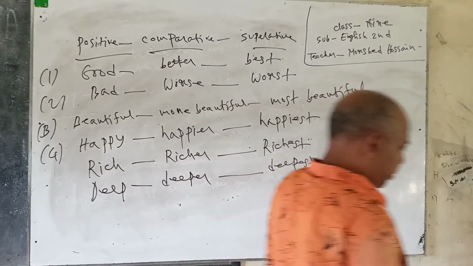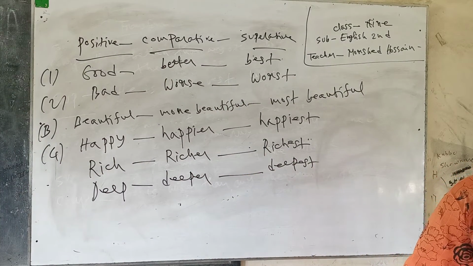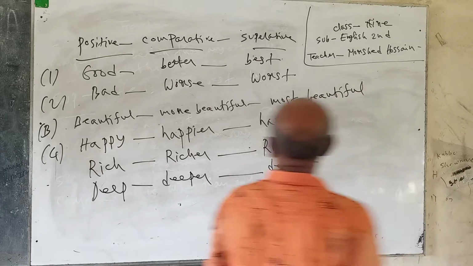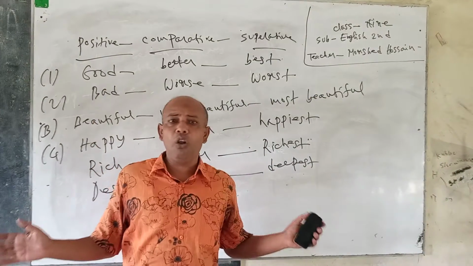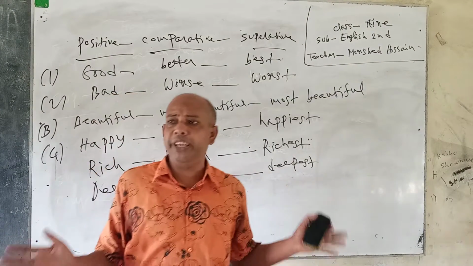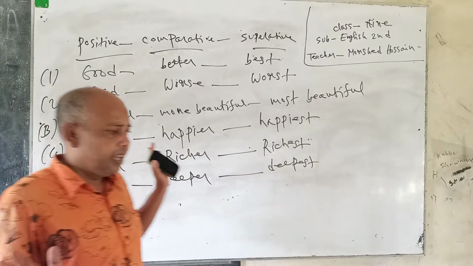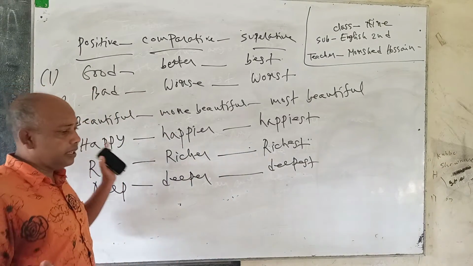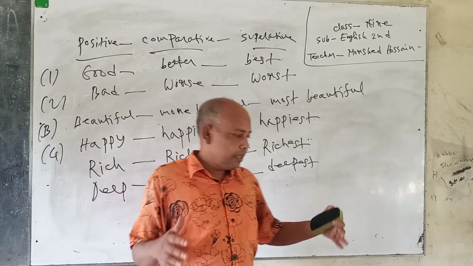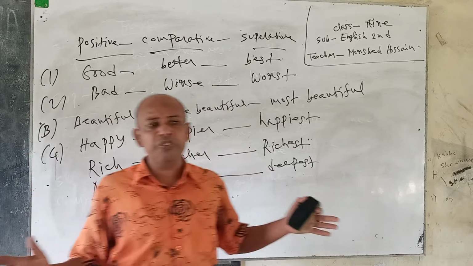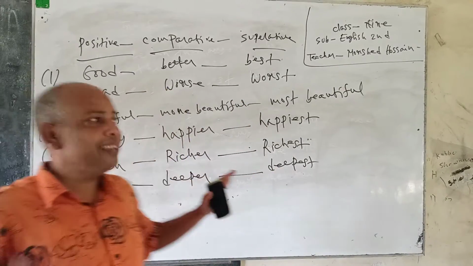So I am going to discuss another thing of transformation sentence. Learners, I think all of you have understood the rules of degree of adjectives. I have discussed elaborately. The topic is our transformation sentence, and this part was degree of adjectives.